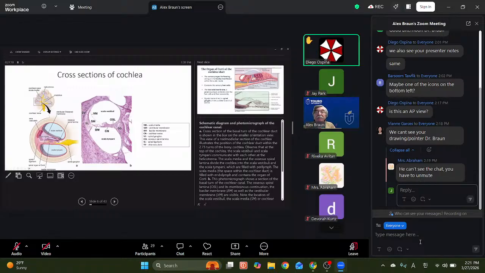Dr. Brown, we cannot see your mouse. I can guide you to remove presenter view. On the bottom left of your screen, do you see this circle with 3 dots in the center? I don't see a circle. It's right next to the thing that looks like a camera, right under the presentation.